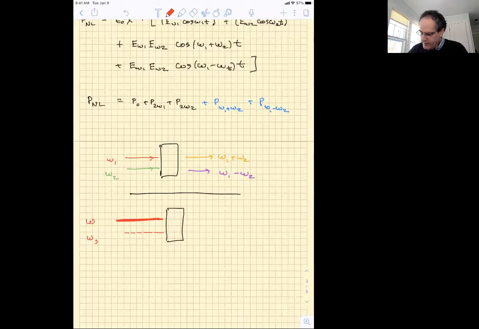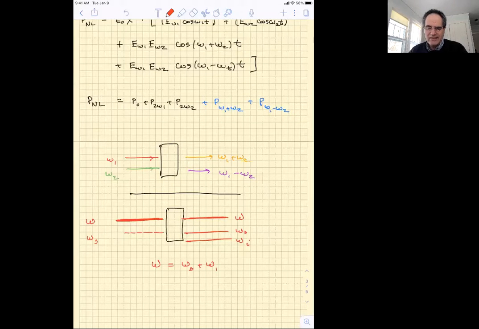And then what we'll get out will consist of the following. We'll have transmitted radiation at the original frequency, but we can get two other frequencies, which I'll call the signal frequency and the idler frequency, where there's a relationship between these. The original frequency is the sum of the signal frequency and the idler frequency.